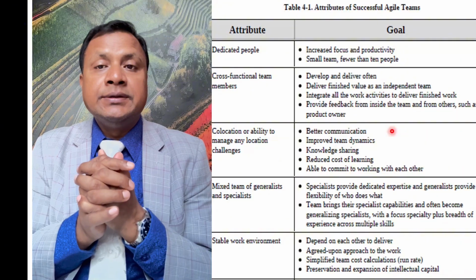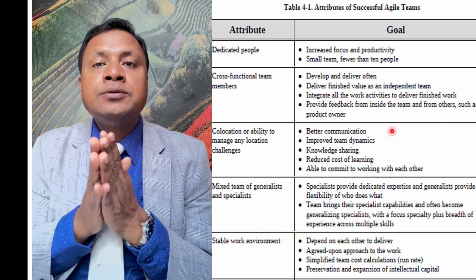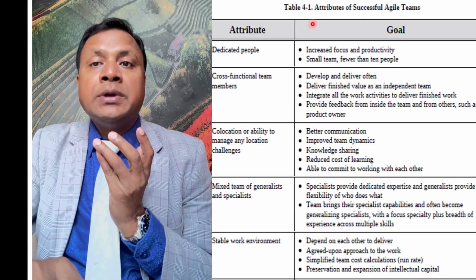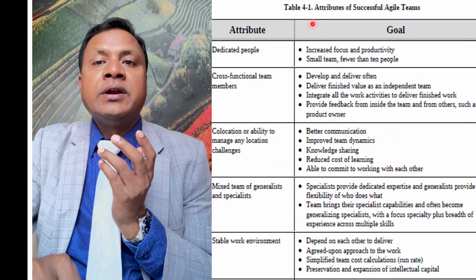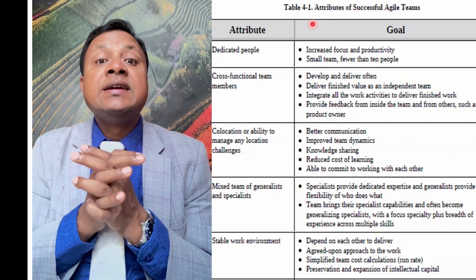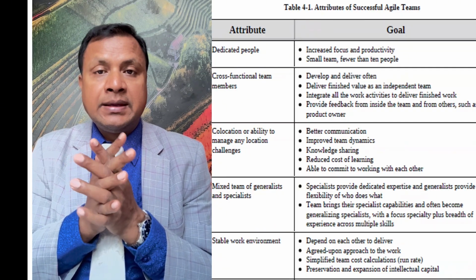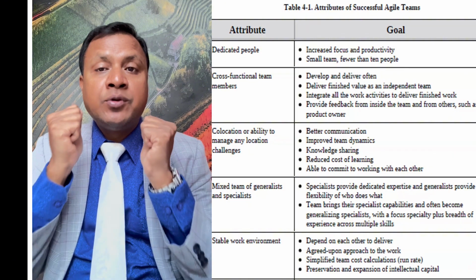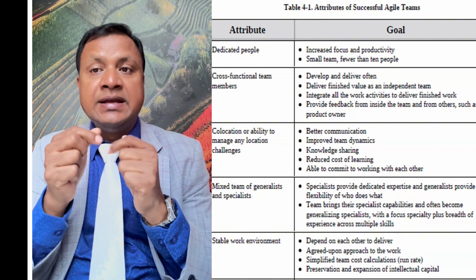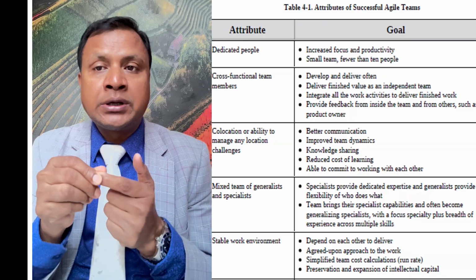Now we can see how they can actually achieve the goal. It can be in different ways. So we'll see what the attributes of the agile team are. In an agile team, everyone is a dedicated person. Each team member is dedicated. There is increased focus on productivity.